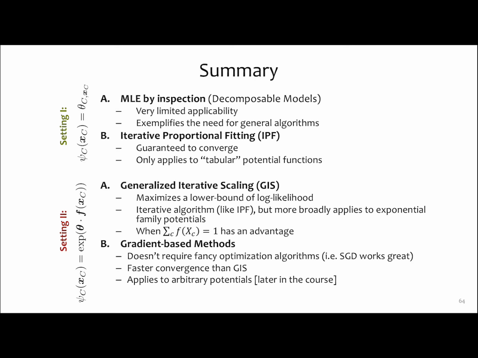We talked about the GIS algorithm and reducing the number of parameters with the idea of a feature space. By the way, it's not just for the continuous case. It works for discrete and continuous cases. It's a great tool to reduce the number of parameters and make the optimization faster. And I told you that if you have a general graph and your features are arbitrary, just use stochastic gradient descent, and things are going to work fine.